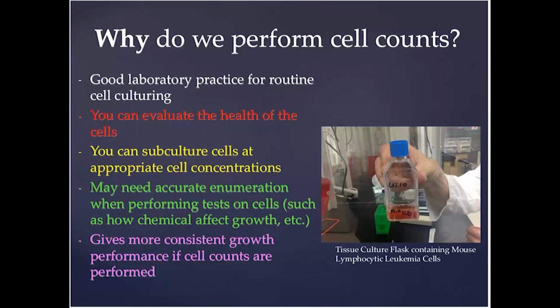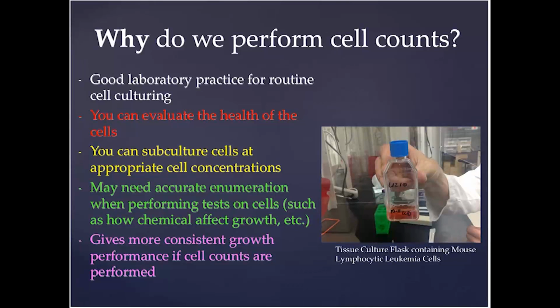Suppose you wanted to test to see if your cells are responding to a chemical, a chemotherapeutic agent, for example. It is very important then to be able to enumerate the cells or count the cells to see if the chemical affects how often the cell divides and how fast the cells are growing.